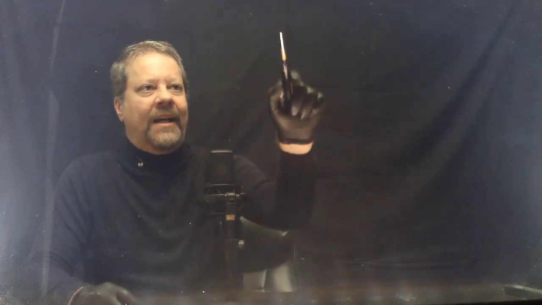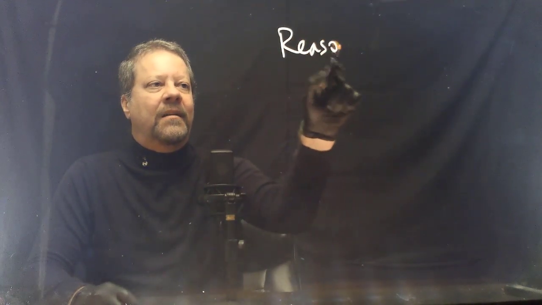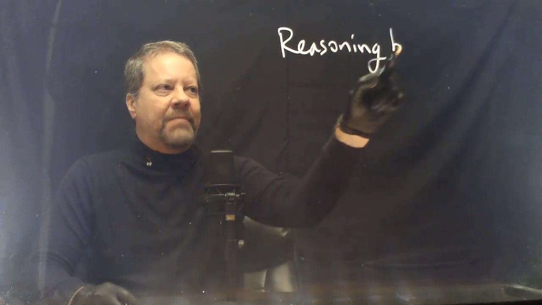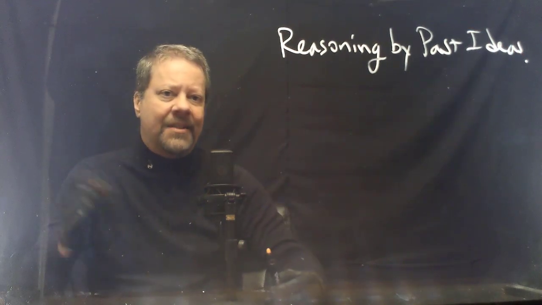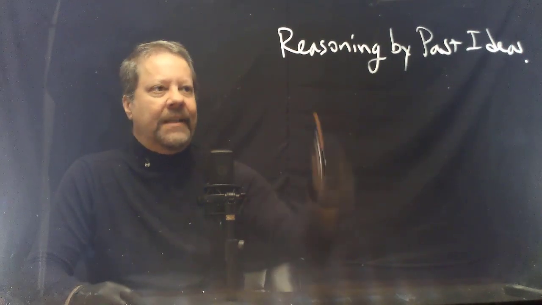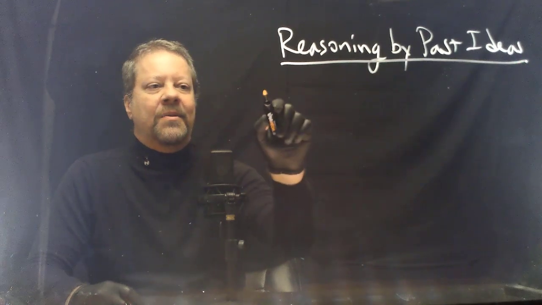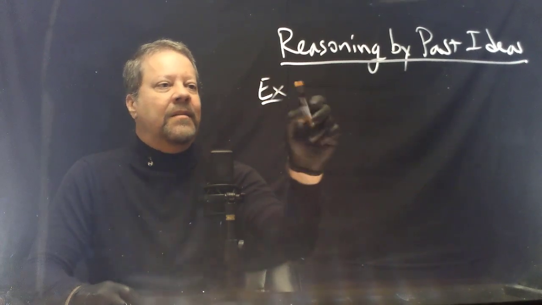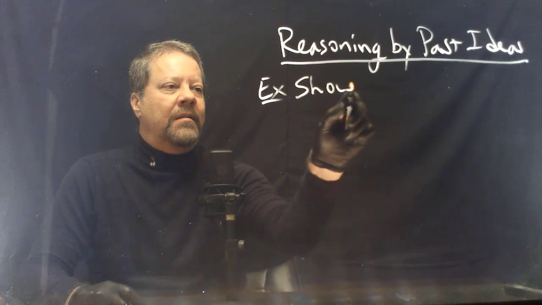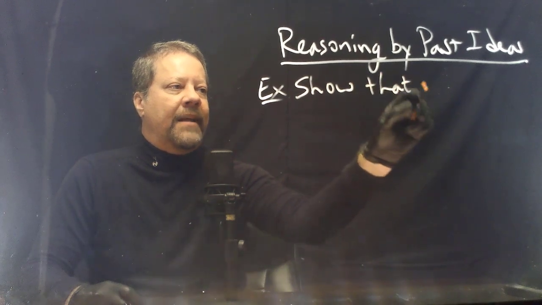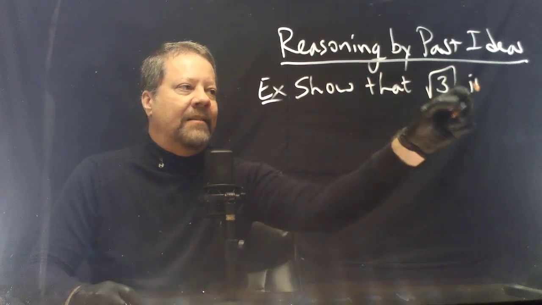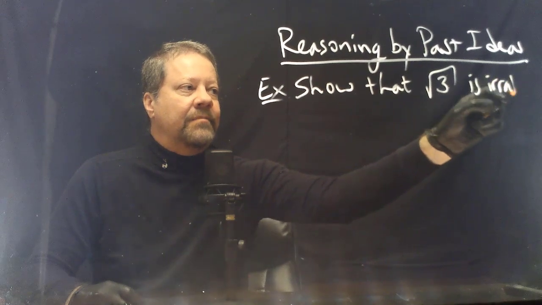We're next going to look at reasoning by past ideas. In other words, reasoning by analogy with things that we did before successfully. And so let's look at the problem. Show that the square root of 3 is irrational.